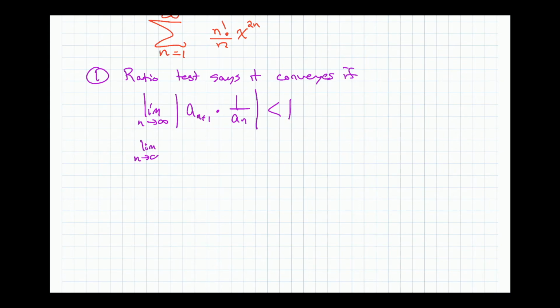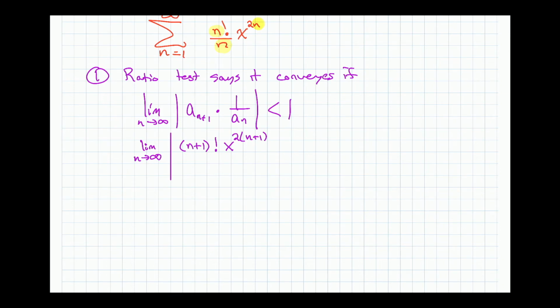So when does that happen? We put in our stuff. For a sub n plus 1, we've got three different n's, one here, one there, one there. I did that to make sure we were okay at simplifying different kinds of things.